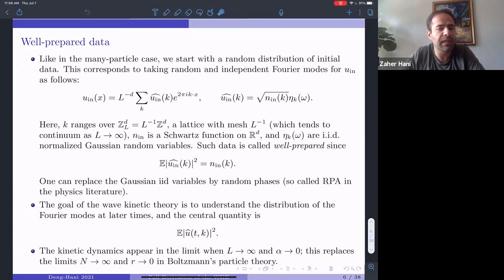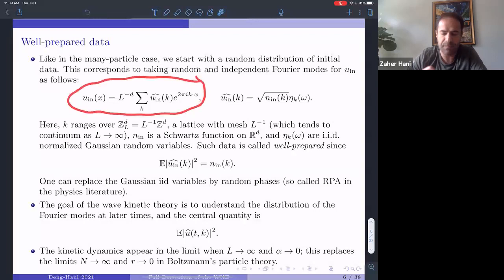In terms of initial data, we'll take a random distribution of initial data. This corresponds to taking random and independent Fourier modes. So we expand the initial data in terms of its Fourier series.